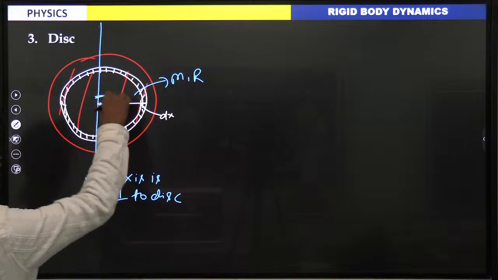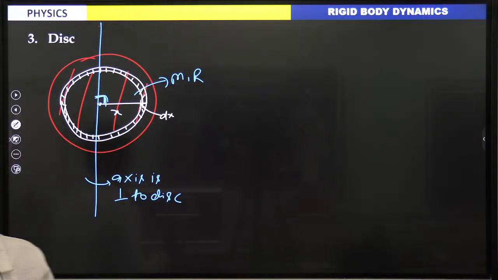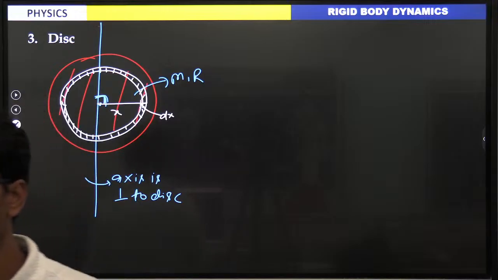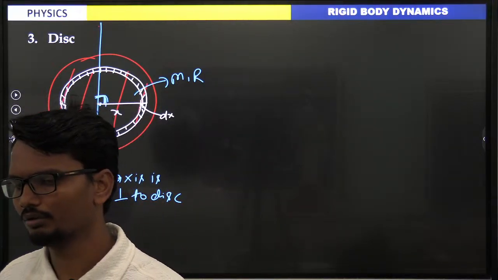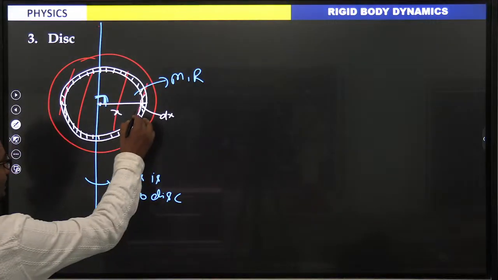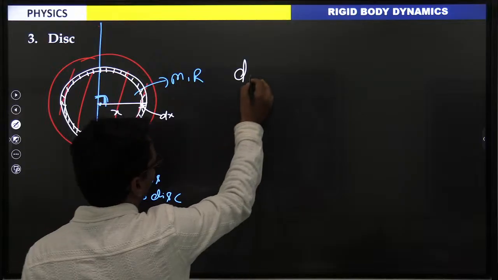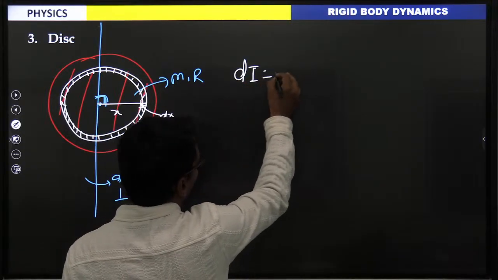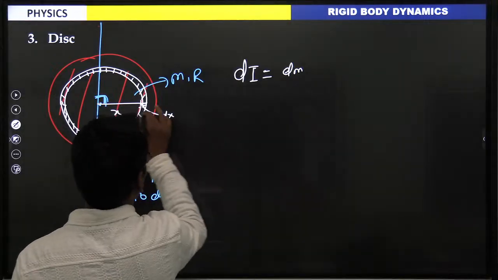This looks like a ring, and I already know the moment of inertia of the ring about the axis: I is equal to mr square. So this is a very small ring. The moment of inertia for this small part is dI, and dI is equal to dm into x square, since the distance is x.